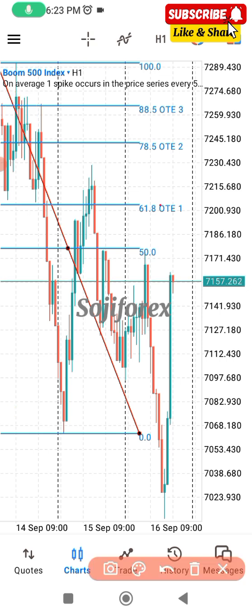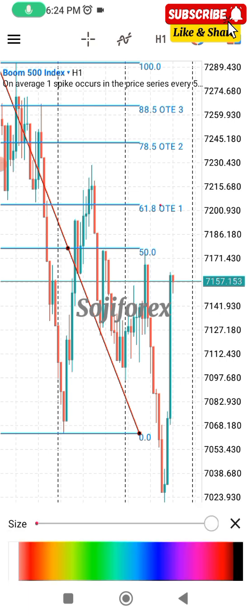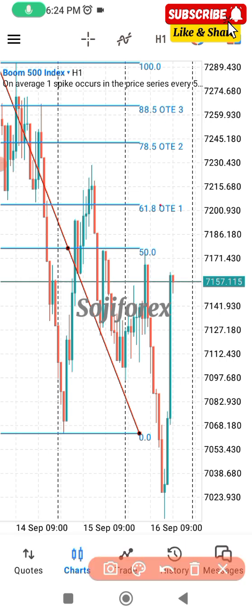And as you can see now, price came all the way down and then price pulled back, all the way to this point. So whenever price gets to the 50 level and above, you can begin to look for your entry to sell from that particular zone as far as this strategy is concerned.